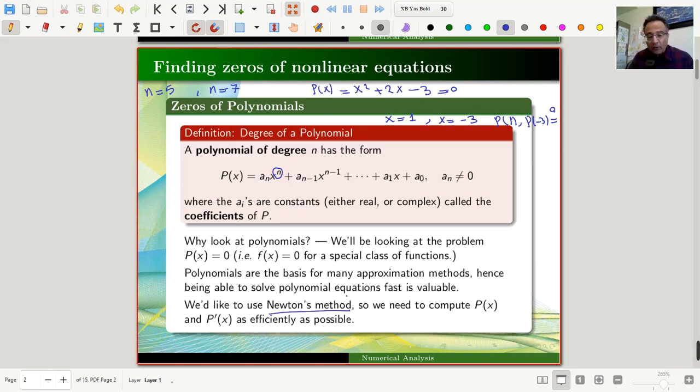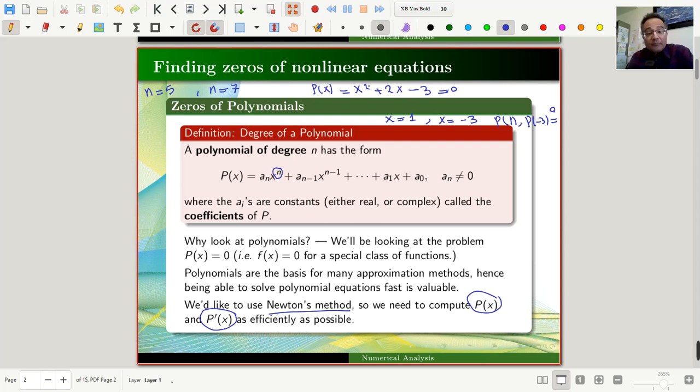But there is a drawback here. What's the drawback? The drawback is that for using the Newton method, we have to compute p of x and p prime of x, and both of them need lots of computation. For example, if you want to compute p at 2, we have to do one multiplication here, one multiplication here, and, in fact, additions and subtractions.